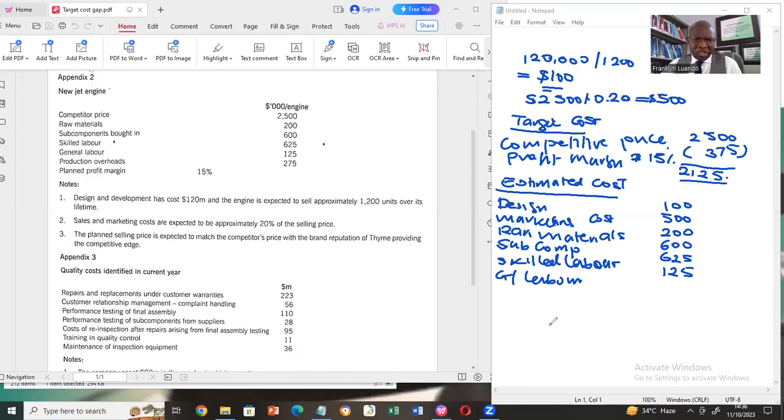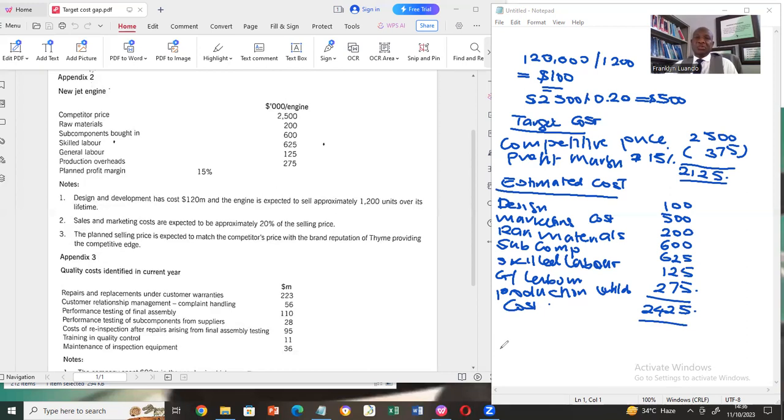And then we have production overheads, 275. Total there, it's 2,425. That is the estimated cost.